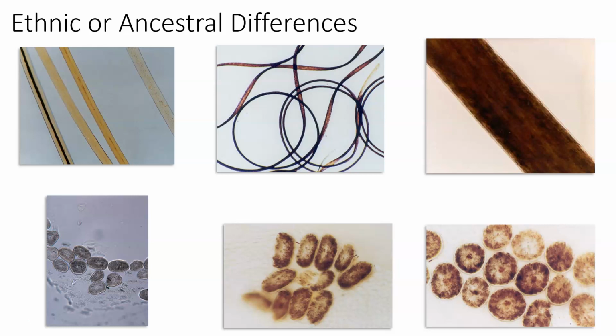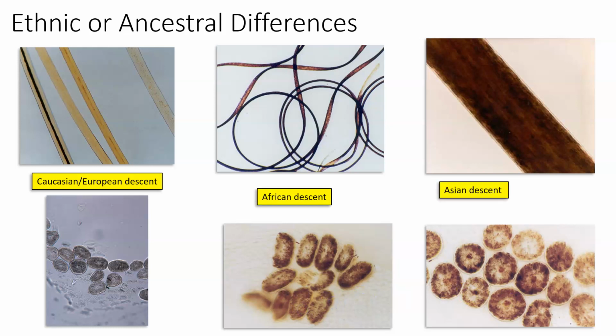The three main ethnicities or ancestral groups we're going to look at are Caucasian or European descent, African descent, and Asian descent. So we're looking at three groups of people, three different classes, right? If we're looking at that class evidence, the Caucasian or European descent will relate to a specific class of individuals, African a different class, and Asian a different class, based on some key characteristics, which we're going to get to in a minute.